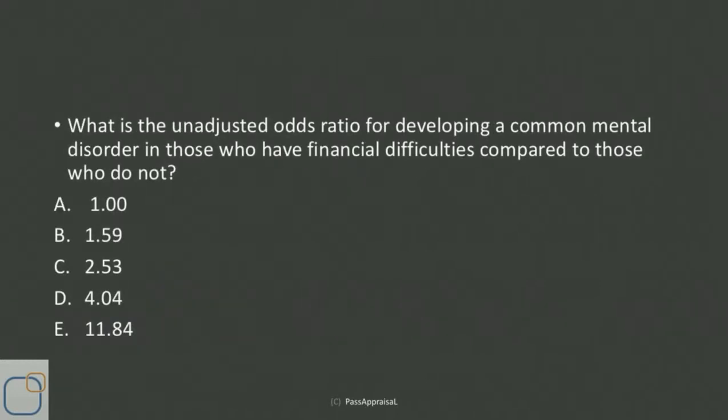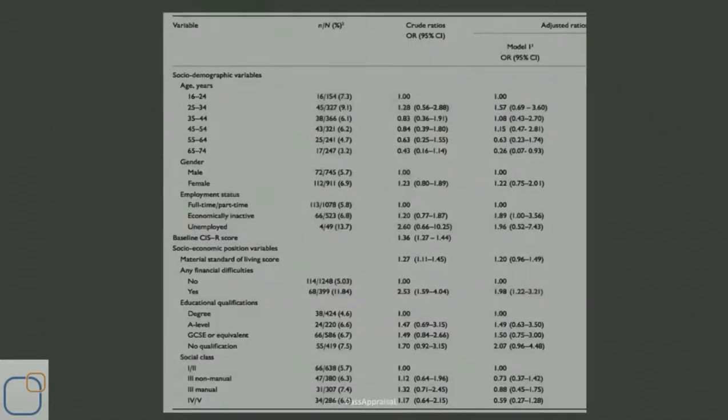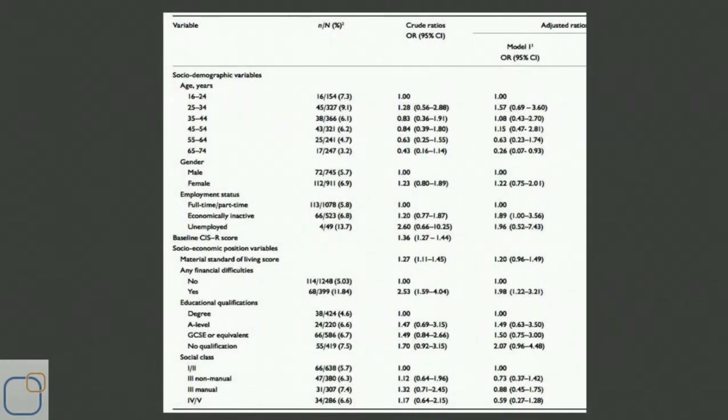What is the unadjusted odds ratio for developing a common mental disorder in those who have financial difficulties compared to those who do not? So we now have to look at the people who have financial difficulties as the exposure. We have to find out what is the risk of developing common mental disorder. So let's look at the table here. Where is this information on people who have financial difficulties?